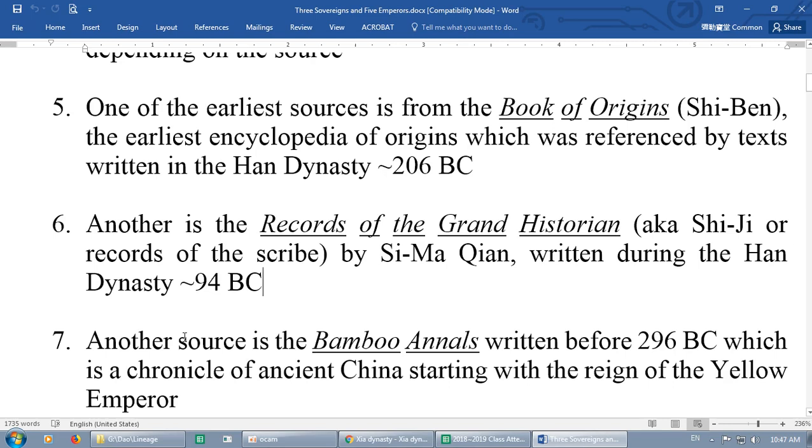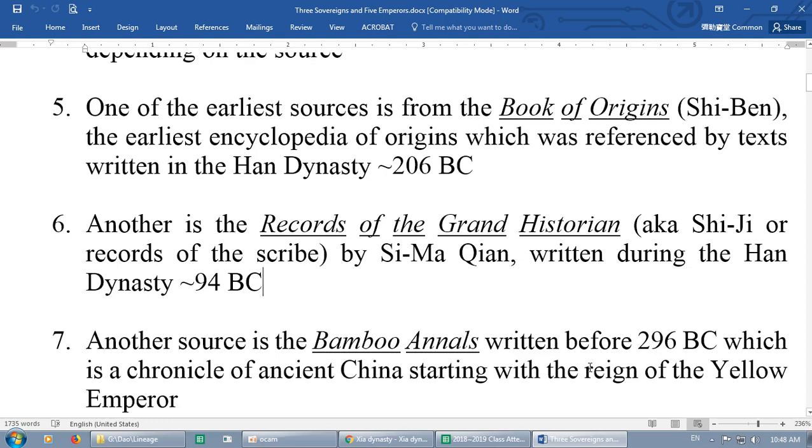So once again, it's second, third, fourth hand information or knowledge. Get it? So that's why the dates, the years of these different sovereigns and emperors, can be off.